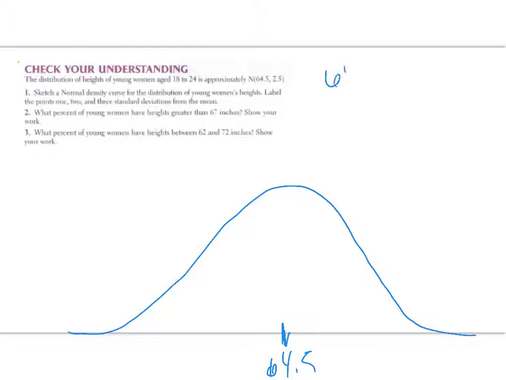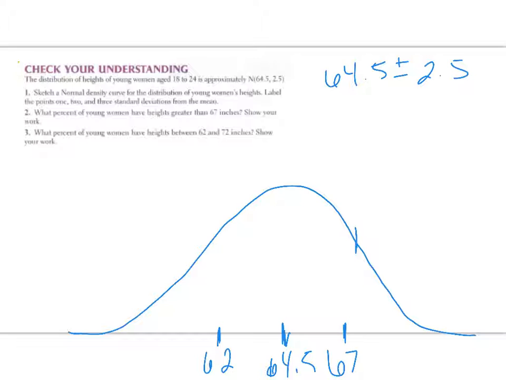So 64.5, and I need to do plus and minus 2.5. So 64.5 plus 2.5 gives me 67. I can estimate it again about where that would be, right at that inflection point. Okay, so 67, 64.5 minus 2.5 gives me 62.